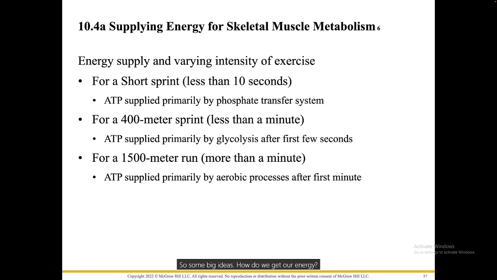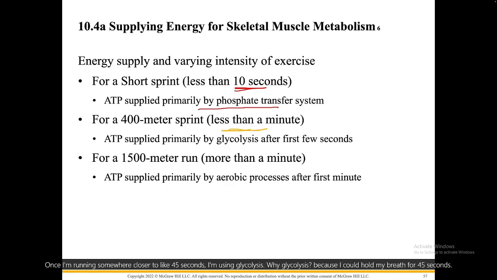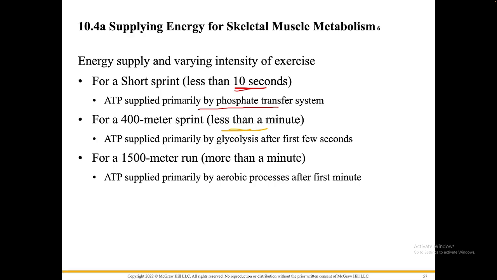So, some big ideas. How do we get our energy? If I'm looking at less than 10 seconds, then I'm just staying with that phosphate system, right? That was the ADP combining with creatine phosphate. Once I'm running closer to 45 seconds, I'm using glycolysis. Why glycolysis? Because I can hold my breath for 45 seconds.